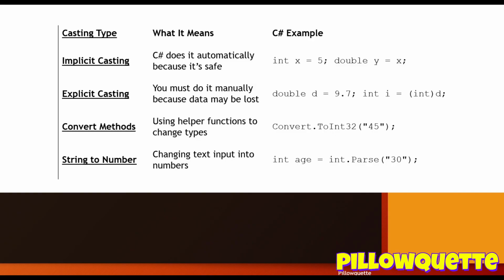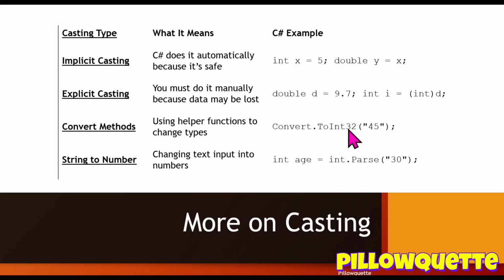You need to do that manually. So for explicit, you need to do it manually. Like the example we gave, changing the integer to the double is automatic. Changing the double to an integer, you need to put int in brackets in front of the value. Now we also have conversion methods, which are the Convert.To ones.